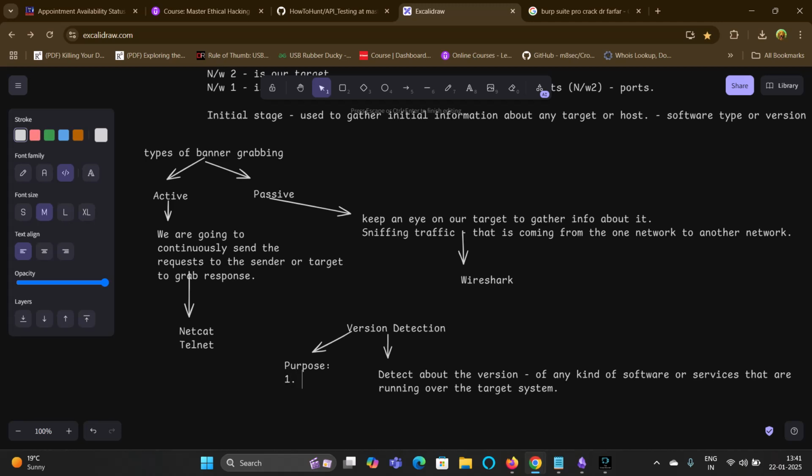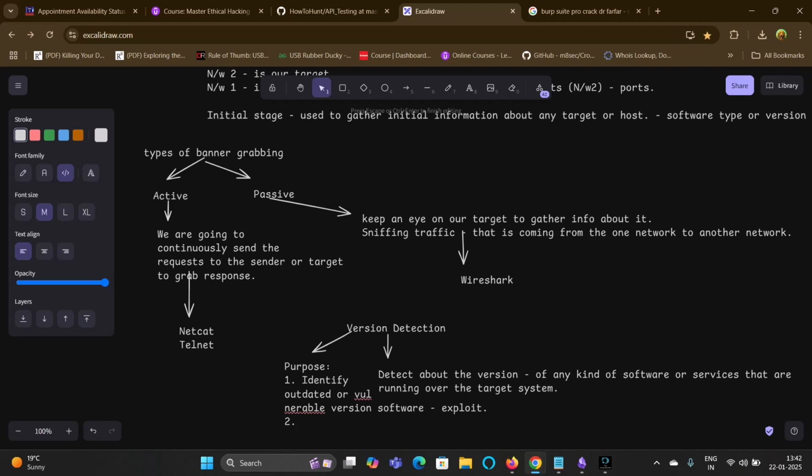Number one purpose is to identify outdated or vulnerable versions of software in order to exploit them. That's why we need version detection.